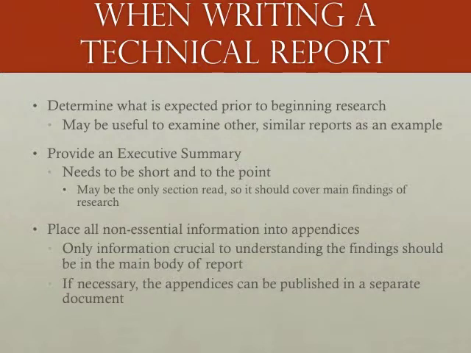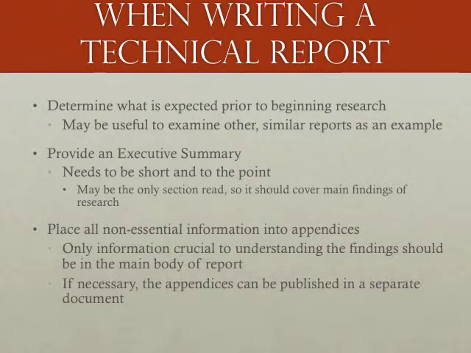And all of your non-essential information, put it into your appendices. Examples would be things like your actual questionnaire that you used. That doesn't need to be in the body of the report. Put that in the appendices. Any other tables and charts that you're not directly referring to.